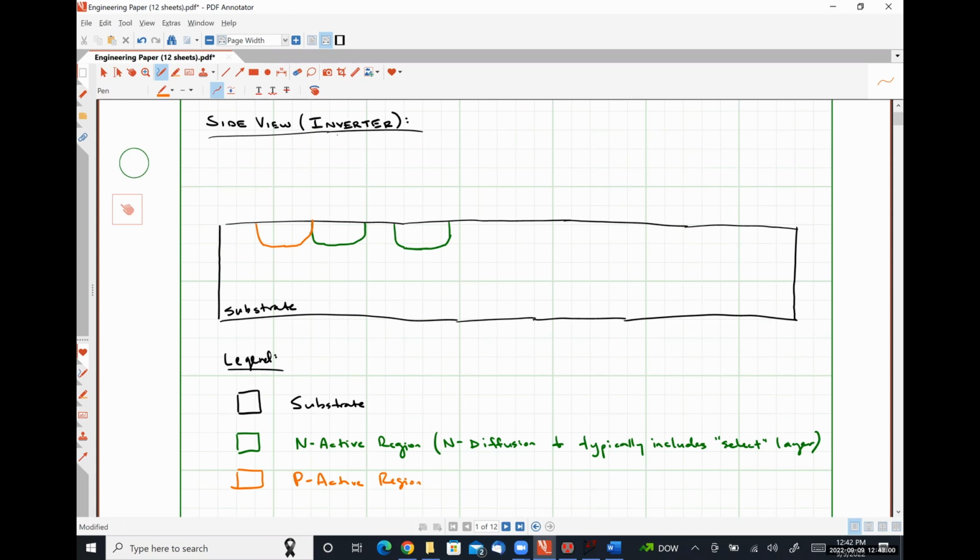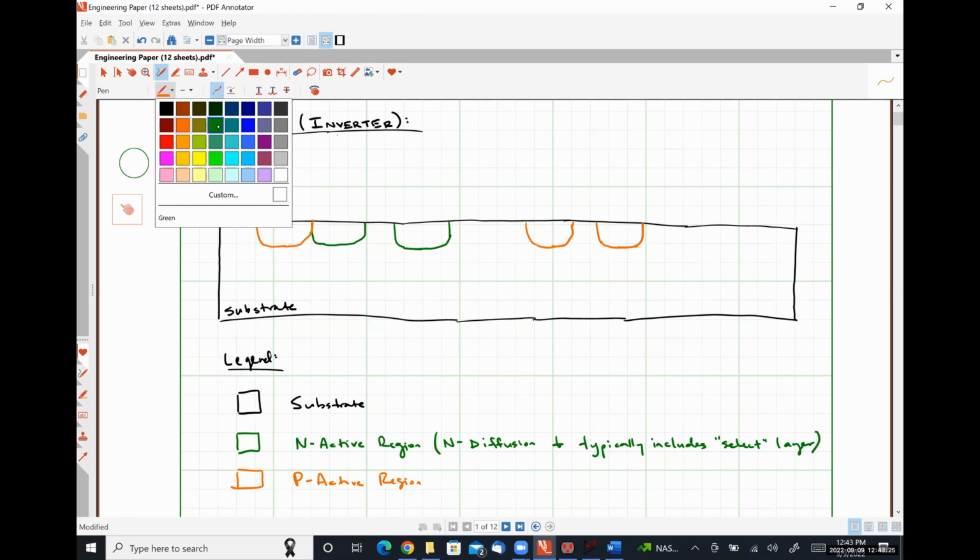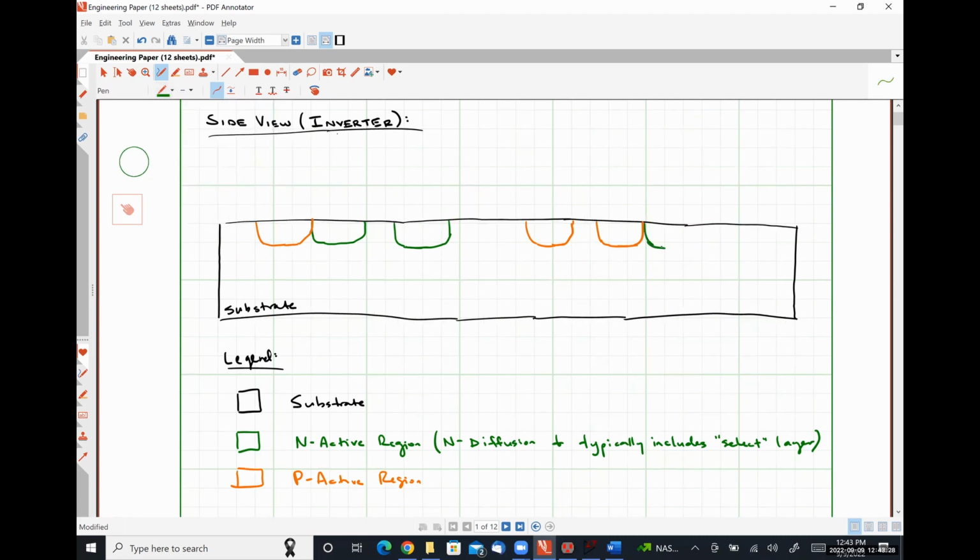For our PMOS transistor, it's going to be composed of effectively the exact same thing as our NMOS transistor, except the N and P active regions are going to be flipped. Okay. So we're going to have something like this. Literally the exact same layers are being used, but to get the opposite effect due to the opposite doping concentrations.